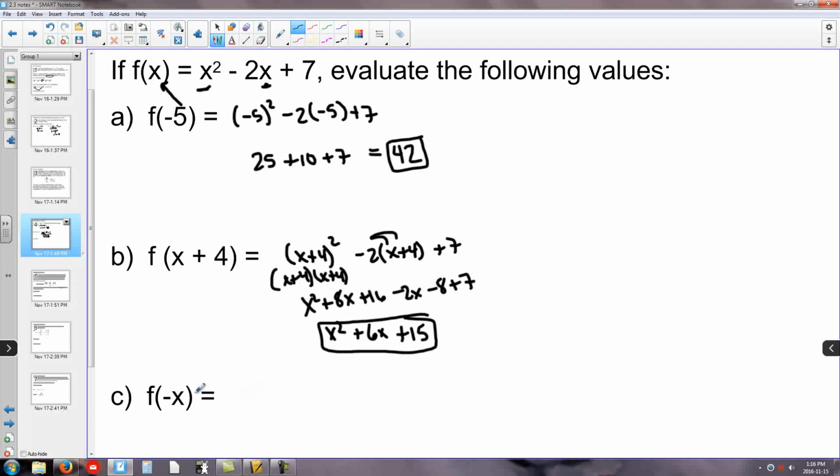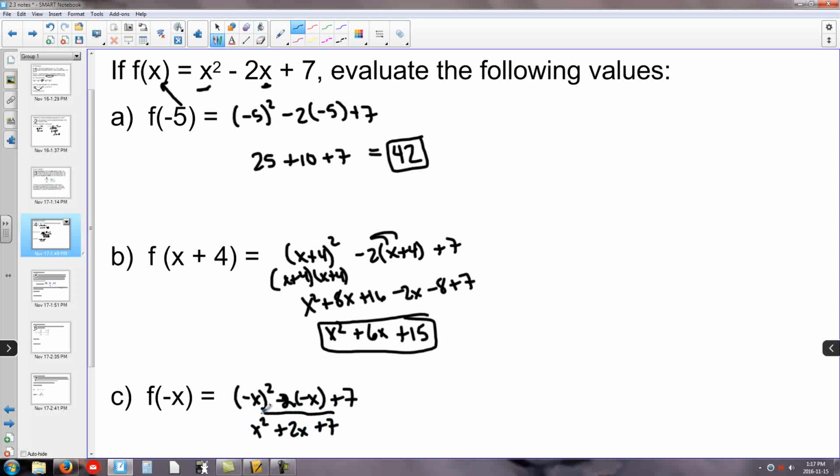Here we're going to see what happens if we just make x negative. What happens to the equation? Well, we would get negative x squared minus 2 times negative x plus 7. Negative times negative is still positive x squared, but here we're going to get a positive 2x plus 7.